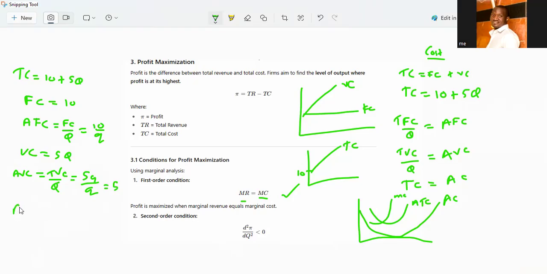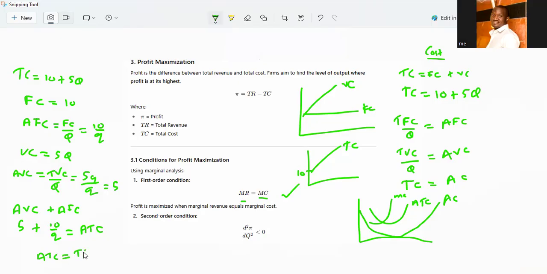So when you add the average variable cost plus the average fixed cost, the total that you get is called the average cost. So our average variable cost was 5, and our average fixed cost was 10 over Q. So collectively, what we get is called our average cost, average total cost if you want. But still, average total cost is simply the total cost we divide by quantity.